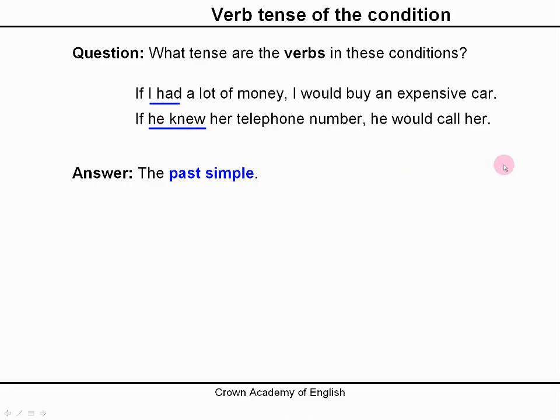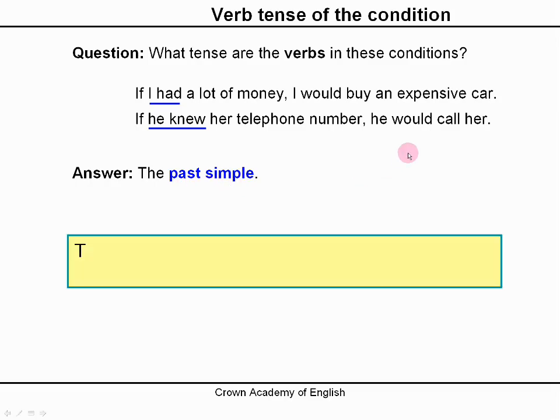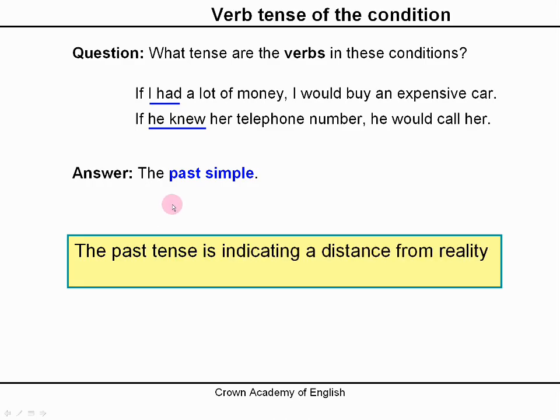So for the second conditional, the tense of the verb in the condition is the past simple. But very important. Okay? The past tense is indicating a distance from reality. It is not indicating past time.